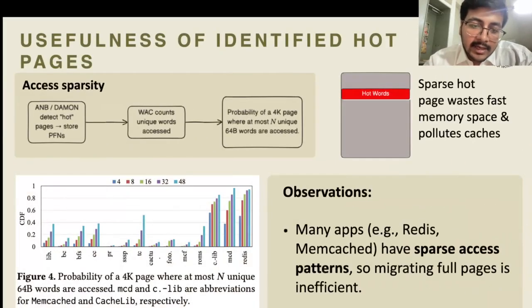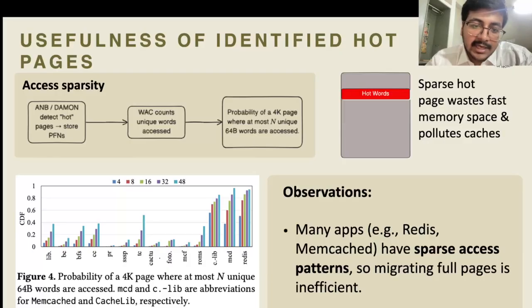Next, we'll look at the access sparsity of these hot pages. Even if a page is marked as hot, it doesn't mean all the data within that page is heavily used. WAC helps us measure how many unique 64-byte words in each page are actually accessed.